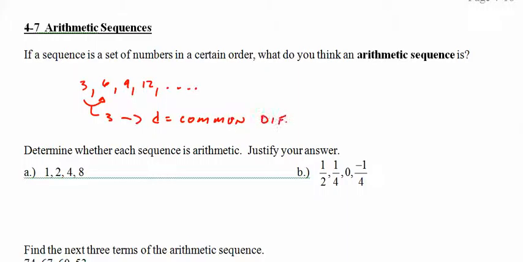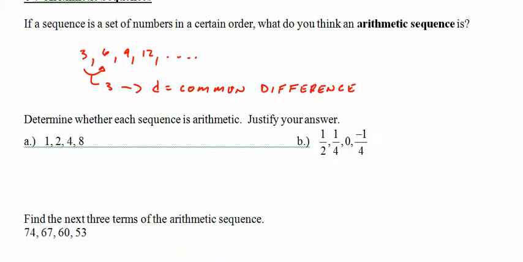It could be negative. It doesn't have to go up. It could be ugly, it could be a fraction. How do we find it? We take any term and subtract the previous term. 2 minus 1 equals 1. 4 minus 2 equals 2. This is not arithmetic, because it has to be the same each time.